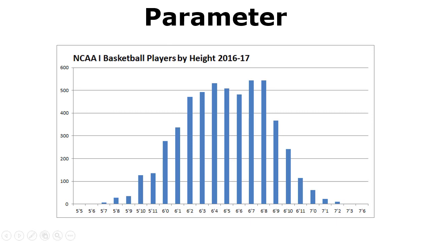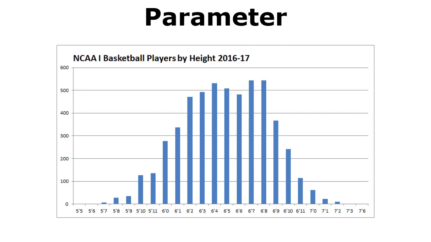You will notice from this distribution that there are over 500 players in college who are 6'4", 6'5", 6'7", and 6'8". I'm not sure what the average height is, probably about 6'5" based on the graph. But this frequency distribution represents the data from all basketball players playing in college basketball.